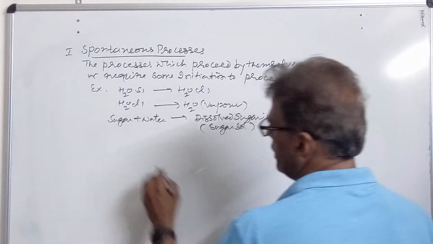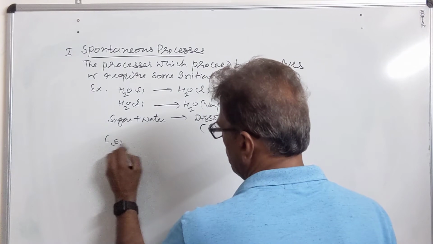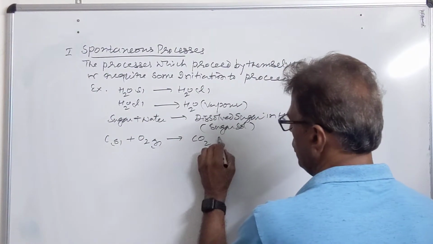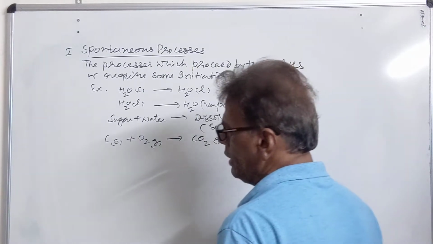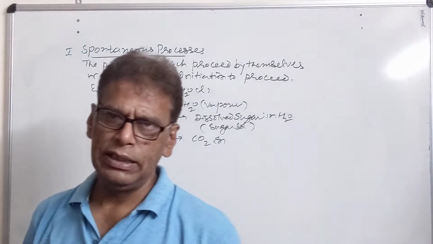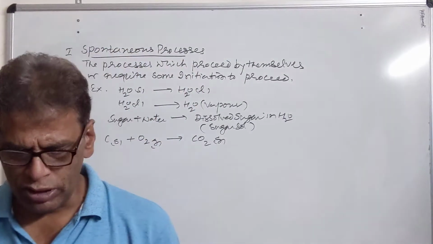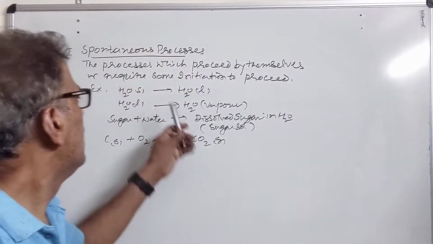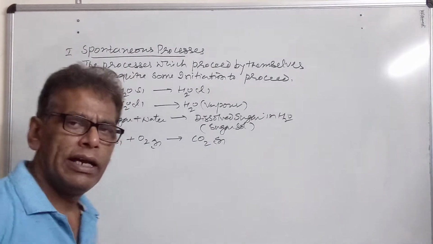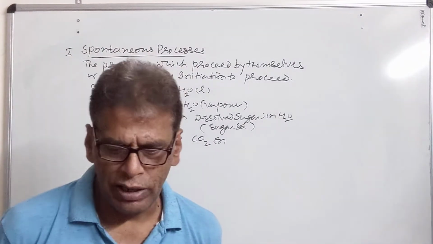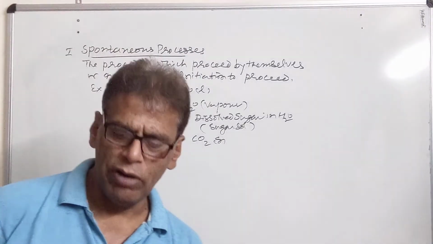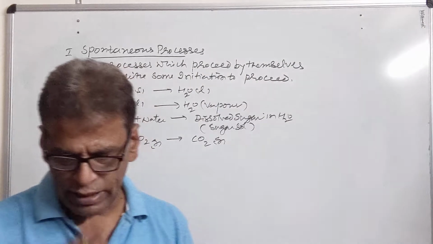Then some processes they need initiation. For example, coke when ignited with oxygen produces CO2 gas. It is a spontaneous process. So some of the processes are spontaneous and don't need initiation, like H2O solid itself changes into liquid by taking some energy from the surrounding. Similarly, H2O liquid changes into vapors, that is evaporation of water from the ponds and lakes.